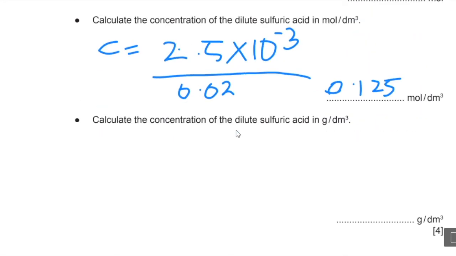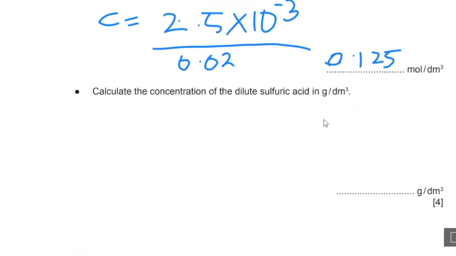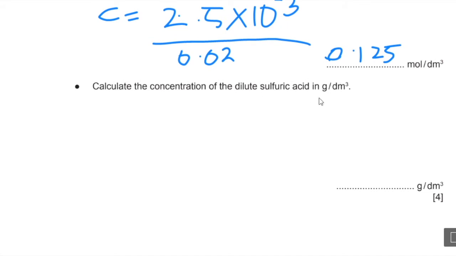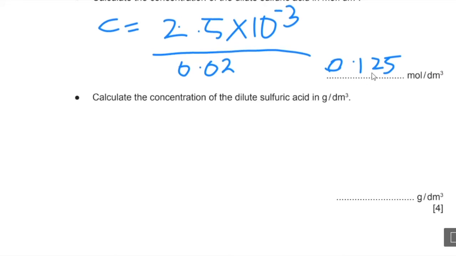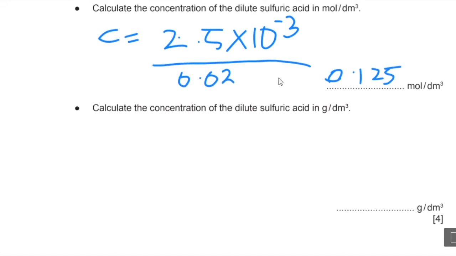And in the last step, you're required to convert this value from mole per dm cube to gram per dm cube. So all you need to do is convert 0.125 from mole to grams. The formula for finding the mass from moles is moles multiplied by the molecular mass of the substance, which over here is sulfuric acid.